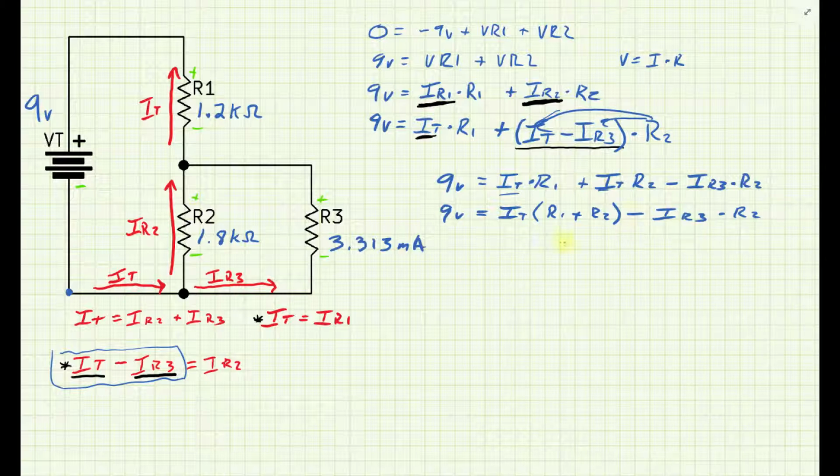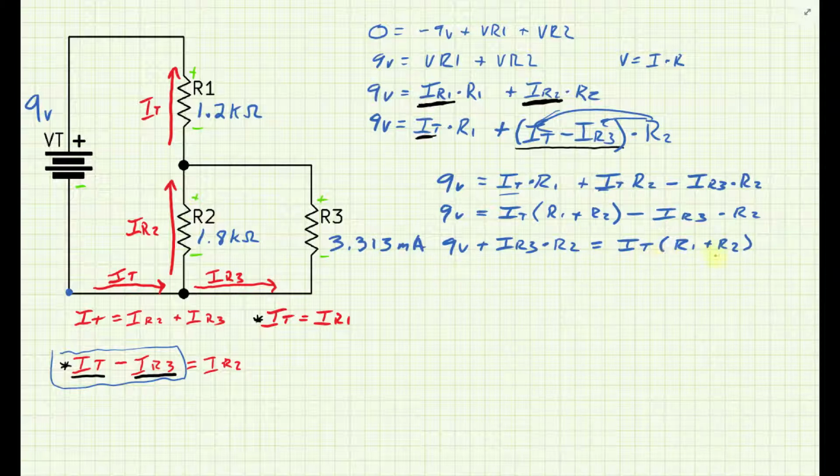Now I need to add my IR3 term to both sides. So 9 volts plus IR3 times R2 equals I total, parenthesis, R1 plus R2.